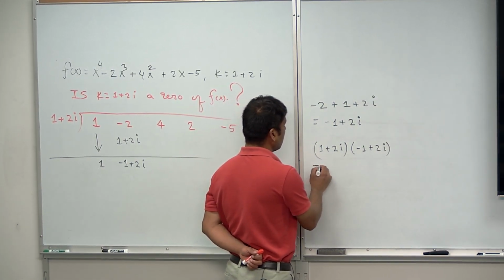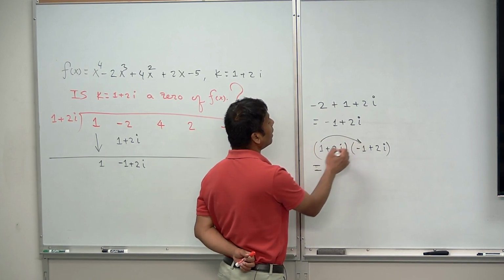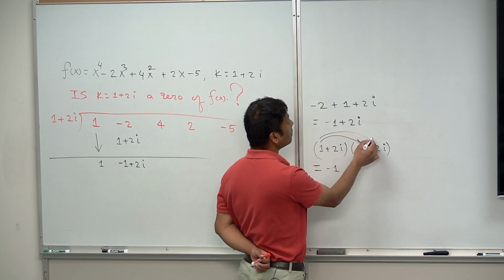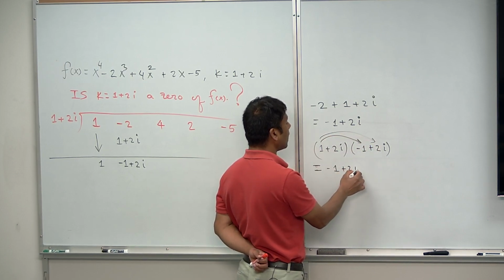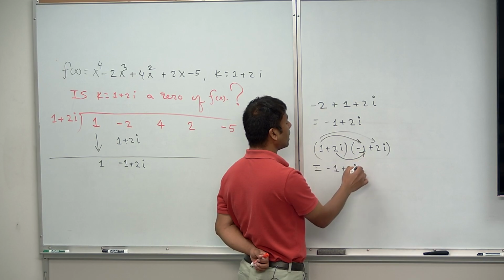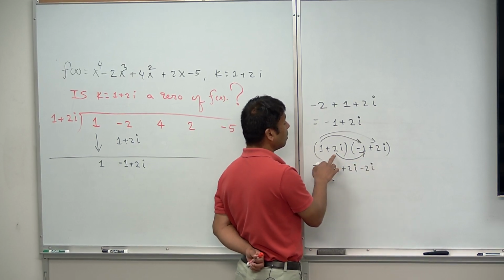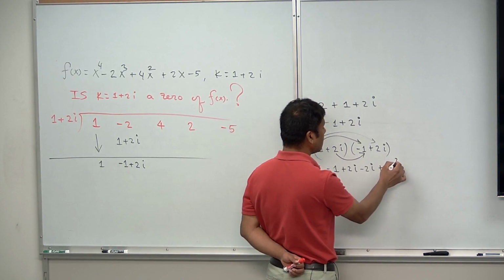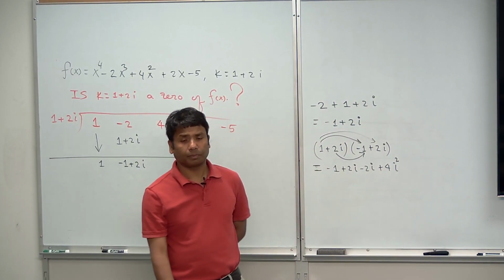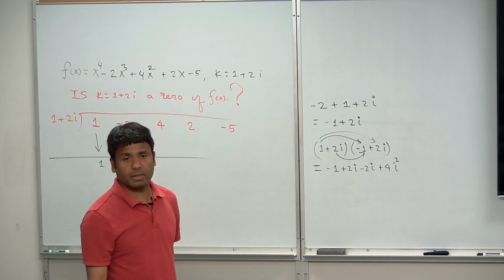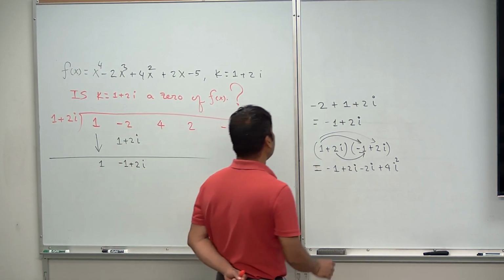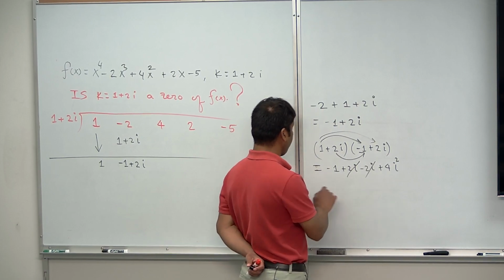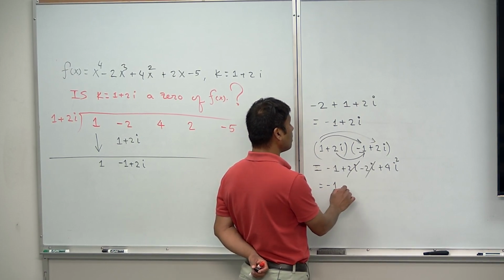Use FOIL. 1 times -1 is -1. 1 times +2i is +2i. Positive 2i times -1 is -2i. Positive 2i times +2i is 4i squared. The +2i and -2i cancel, right? So you have -1 plus 4i squared.